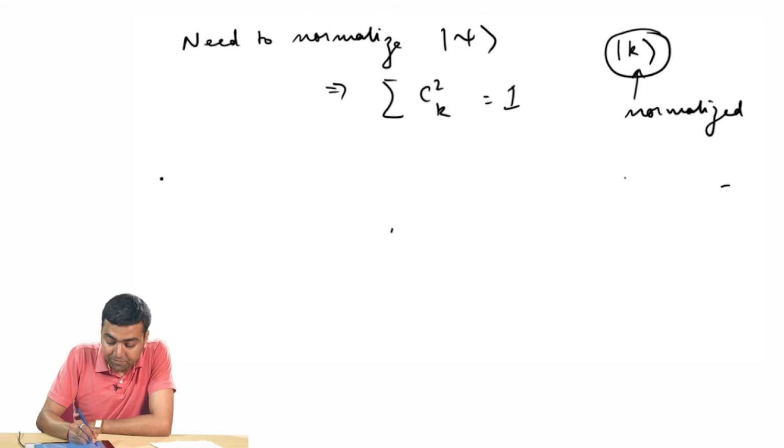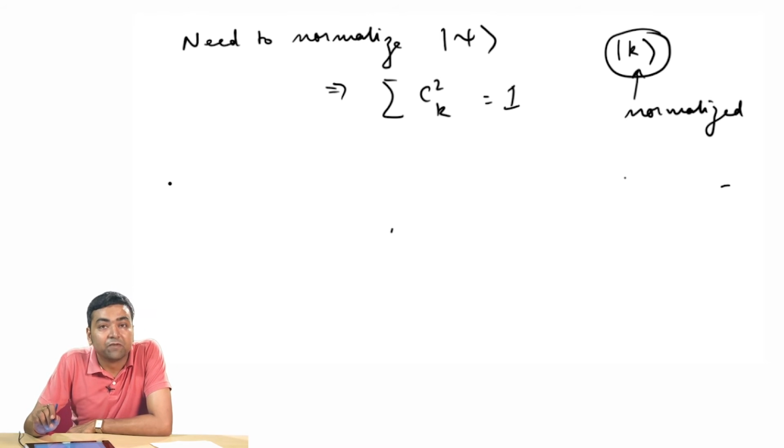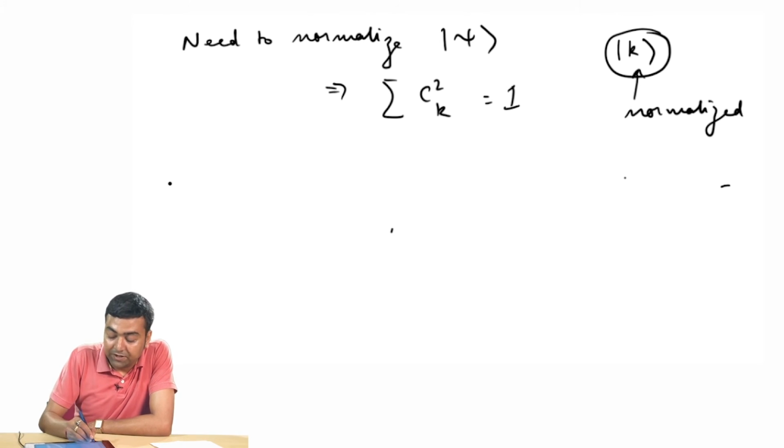Now, let us consider the real space wave function corresponding to the state |k>.